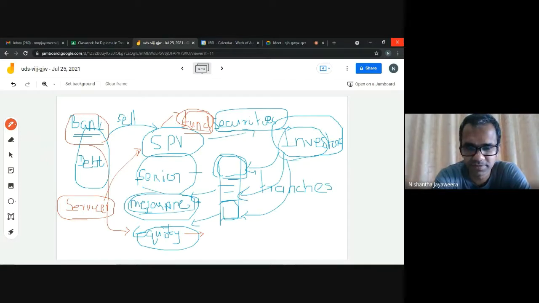So that's the problem. Through derivatives, you can leverage. You don't want to invest in the real asset, but you can synthetically get the exposure to that asset.